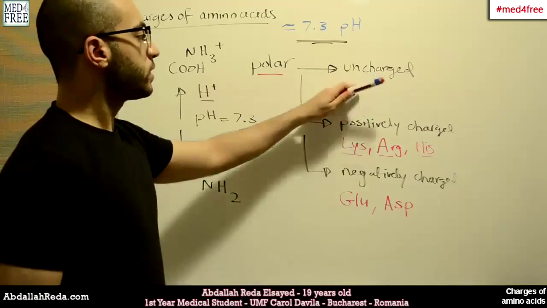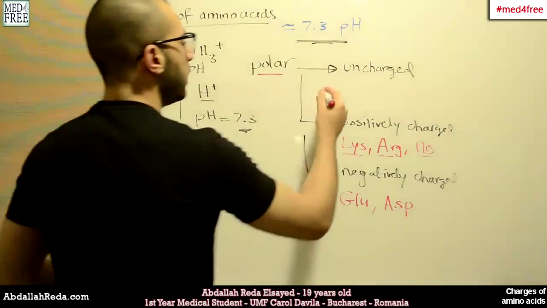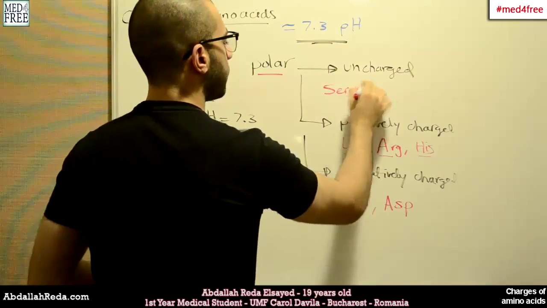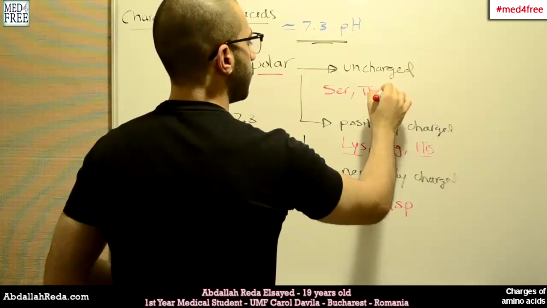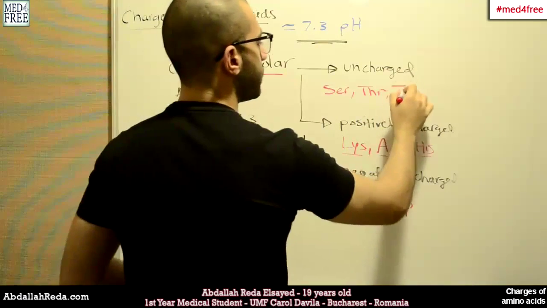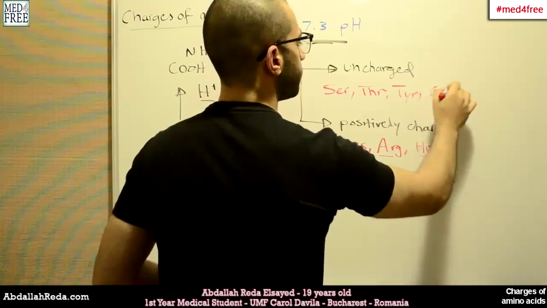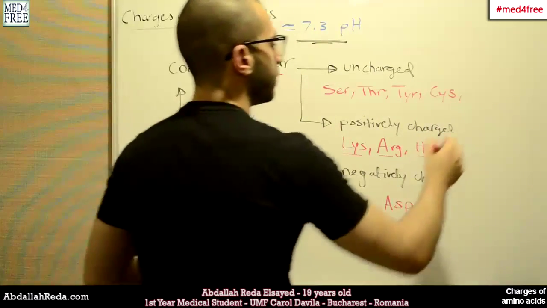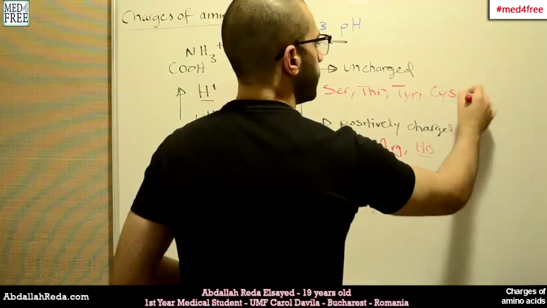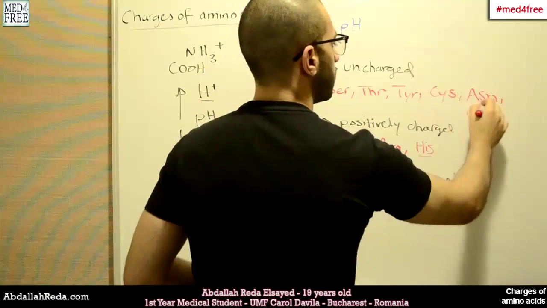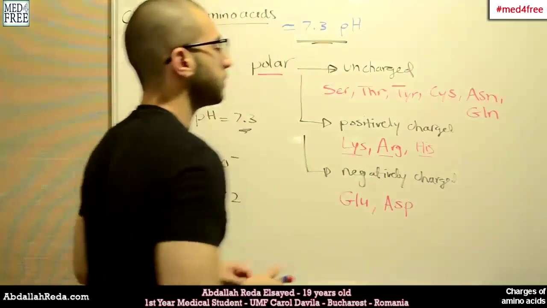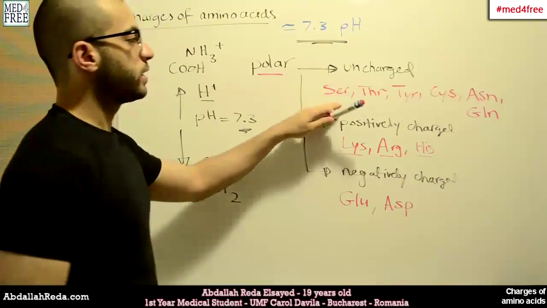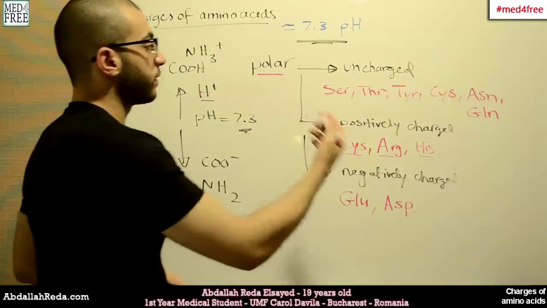And for the uncharged ones, we have serine, threonine, tyrosine, cysteine, asparagine and glutamine. And these ones are uncharged because they have other groups.